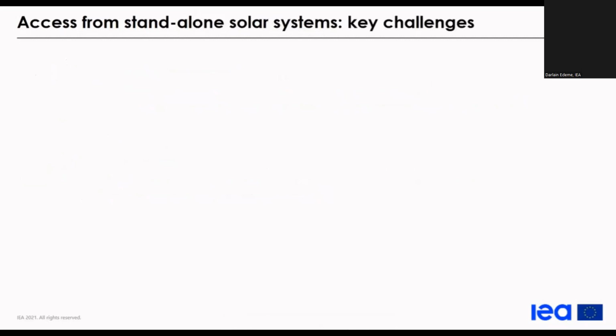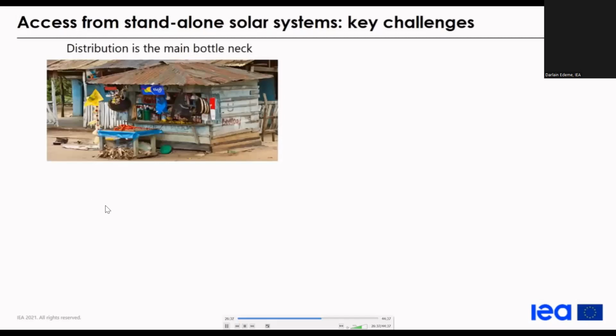Last, standalone systems such as solar home systems also bring some key challenges and difficulties. First, this is more about distribution than about infrastructure. To ensure that people can have at home a solar home system providing lighting plus TV plus fan services is a question of distribution.